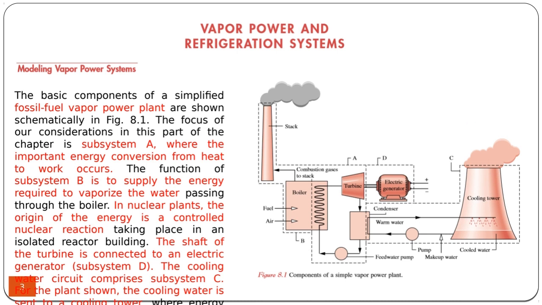If you look at the directions of the energies, you have Q in here, then you get work out here, and some of the heat must be rejected to make the water vapor liquid. So this is Q out.